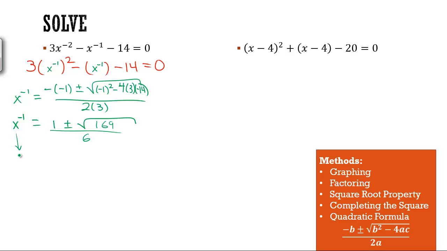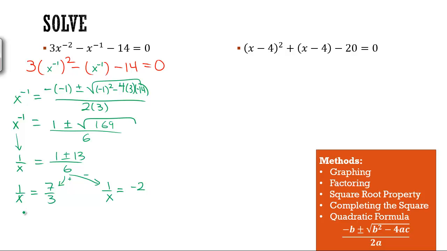So this is actually 1 over x is equal to 1 plus or minus 13 over 6. So we can split it into our two cases. Either 1 over x is equal to 1 plus 13 over 6, which is 14 over 6. And 14 over 6 is 7/3. That's the plus version. Or the negative version, will be 1 over x is equal to 1 minus 13 over 6, which is negative 2.